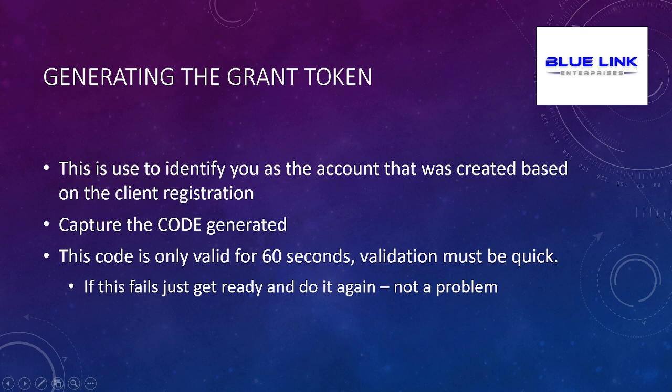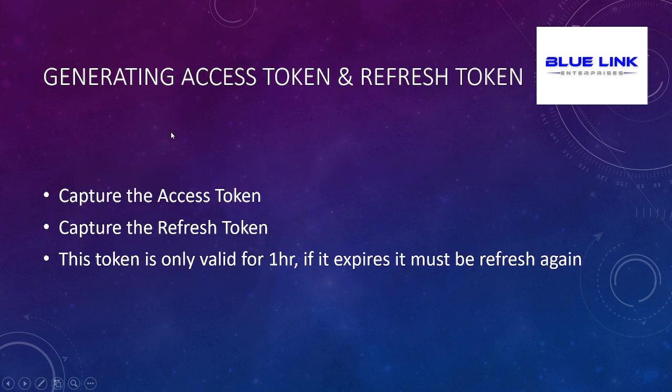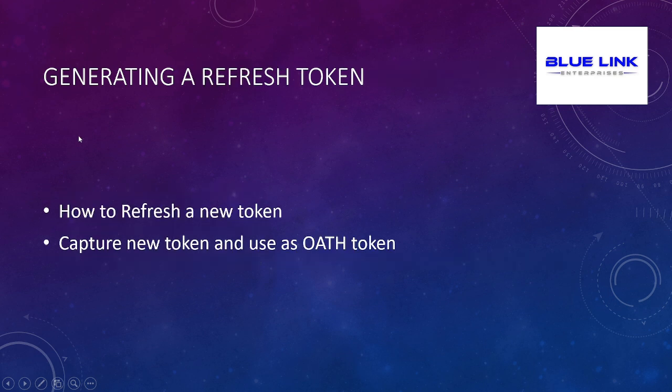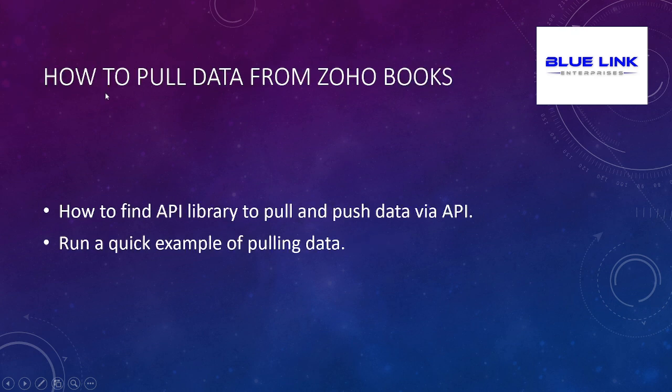You guys saw that it took too long, so I had to regenerate it, and then I was able to validate it, capture the access token and the refresh token, and I showed you how to refresh it. Yep, we did the refresh of the token, and now we're going to do how to pull data from Zoho Books.